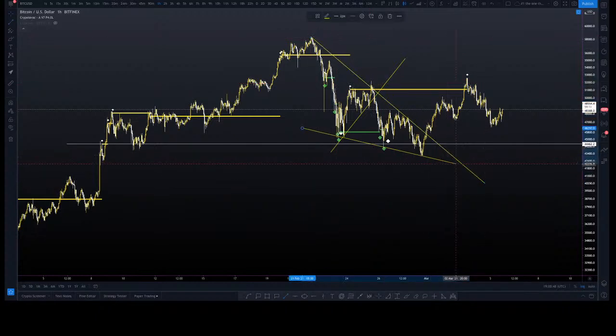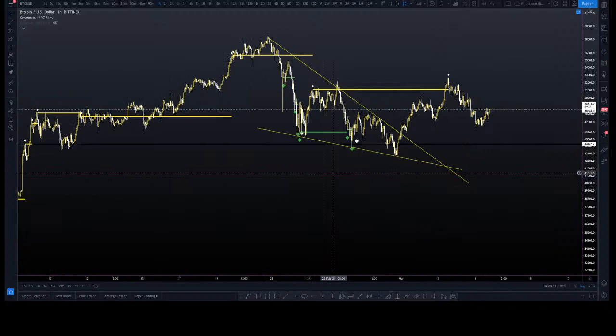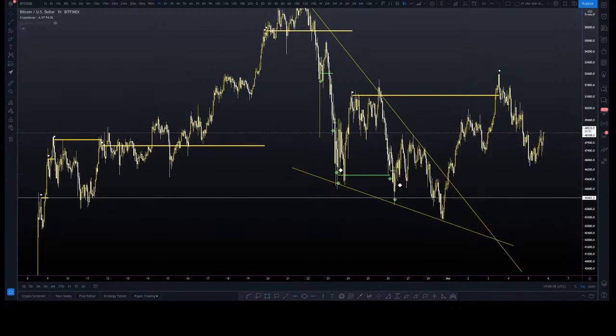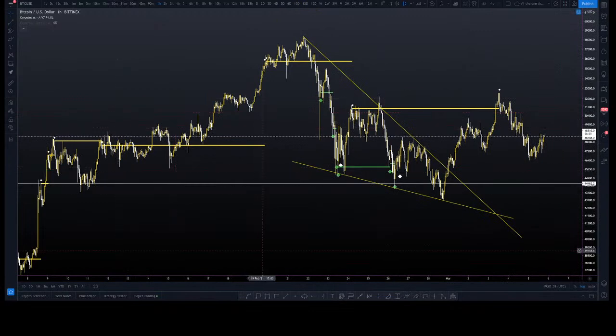And patterns are very important. Everybody looks at them, everybody sees them. And if it breaks to the upside, what are my targets? I look for green lines close together, and you're able to find support.